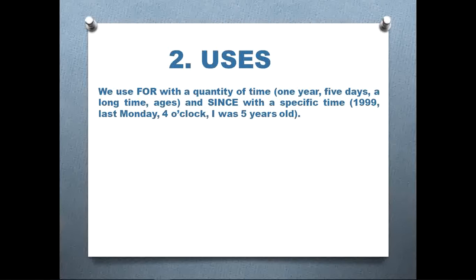But if we use since, we use a specific time, and it is the moment when the action started to be performed. So, for example, we can have 1999, last Monday, 4 o'clock, or even a phrase like I was 5 years old.